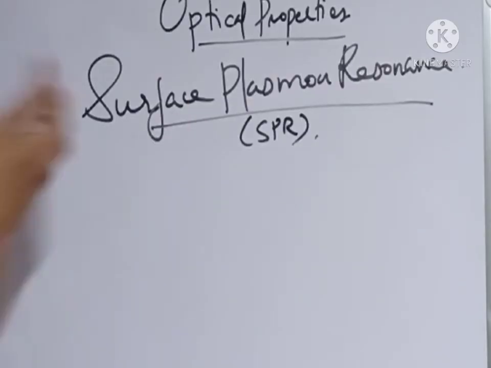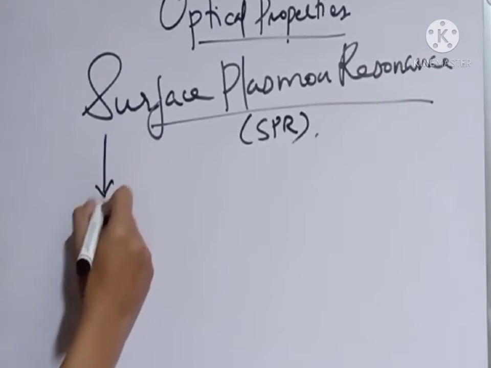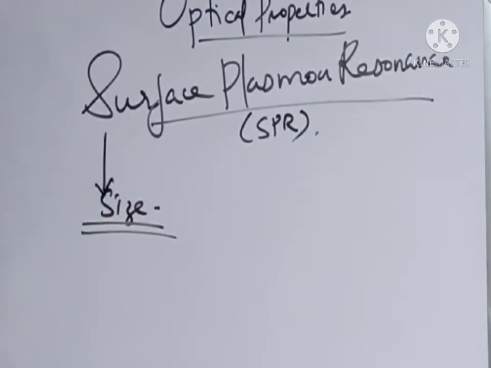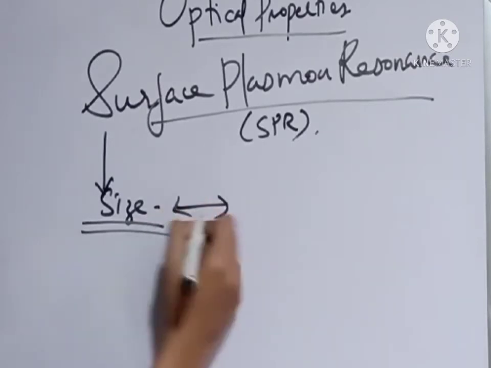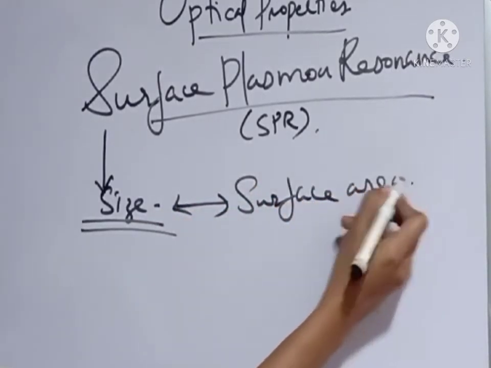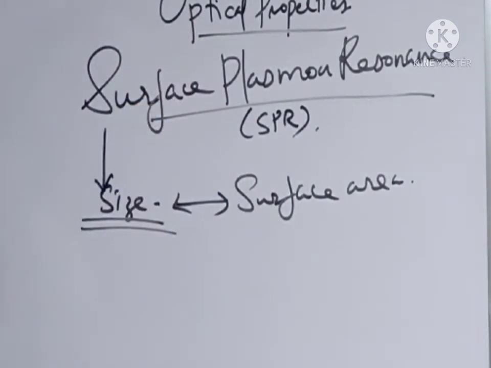Now we are going to learn the relation of surface plasmon resonance with the size of the nanoparticles. Size and surface area of nanoparticles are very much related to the surface plasmon resonance process.